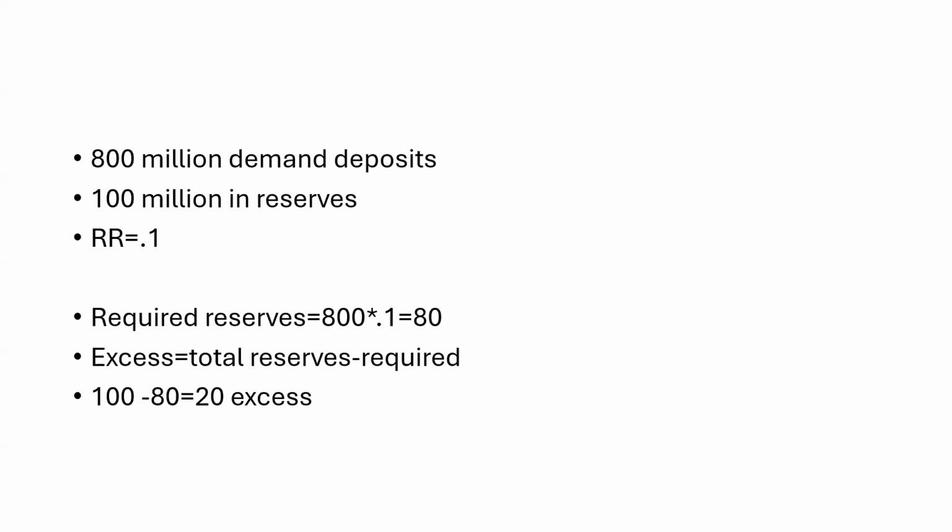I got to keep 10% of my demand deposits in required. So 800 times 0.1, that's 80 million in required. I have 100 in reserves, minus the 80 gives me 20 in excess. Right, that was one a lot of people got wrong. I think people got confused and they took the 80 away from 800. Right? That's 26.